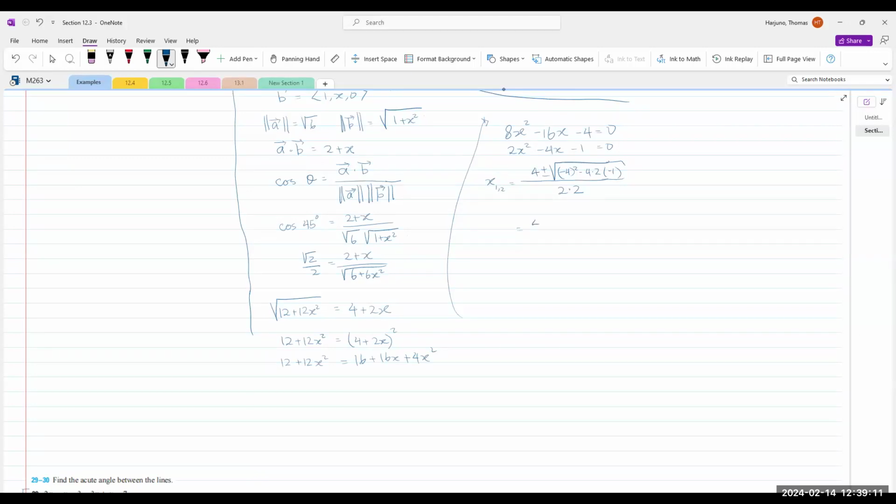That is 4 plus minus square root of 16 plus 8 over 4. That's square root of 24. That's 4 times 6, 2 square root of 6 over 4. Reduce a bit further: 2 plus minus square root of 6 over 2.